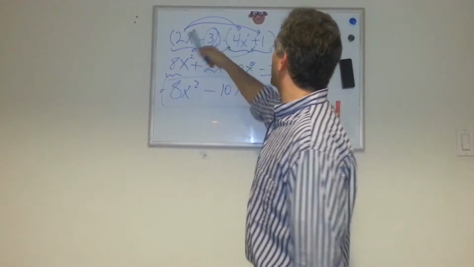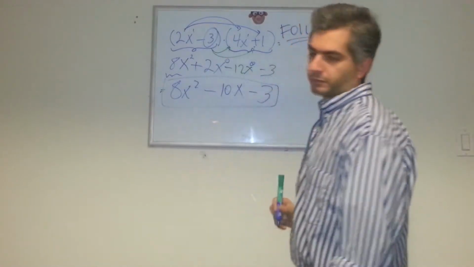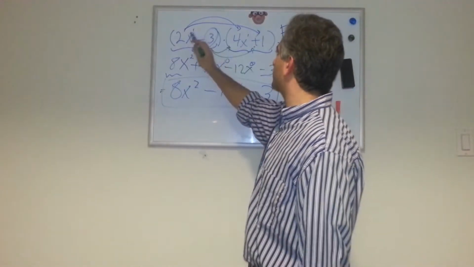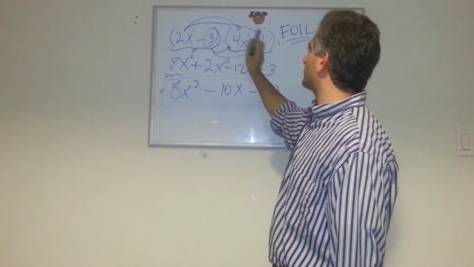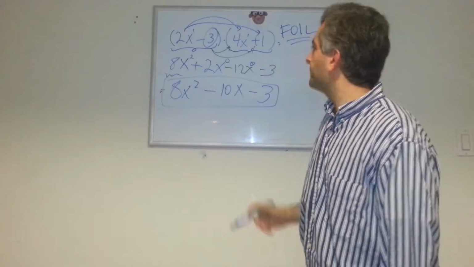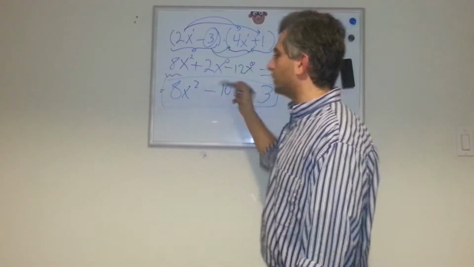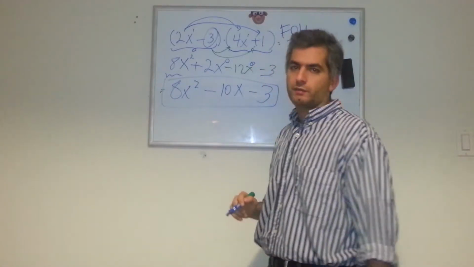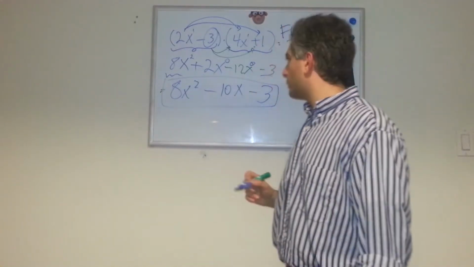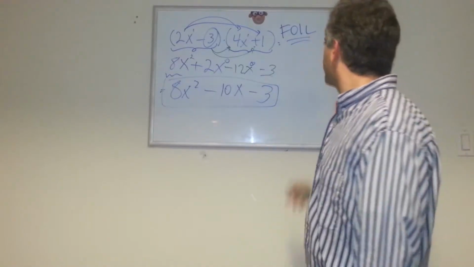So first, outer, inner, last. You can use FOIL. You multiply the first term with the first, the first with the second, the second with the first, the second with the second, and expand, and then you simplify your terms into a simple expression. So our answer is 8x squared minus 10x minus 3.